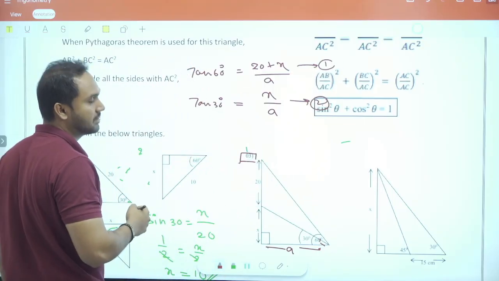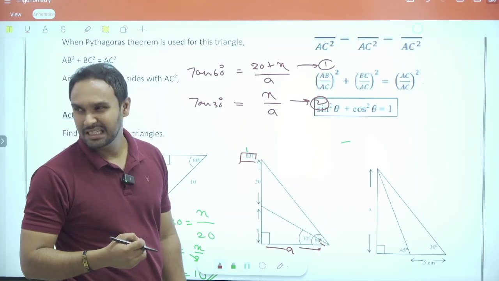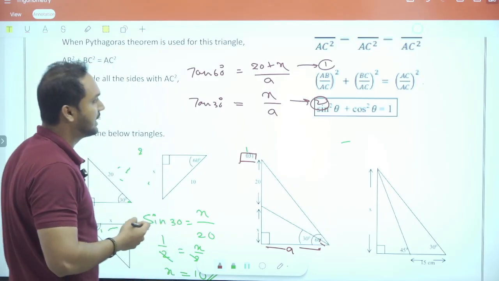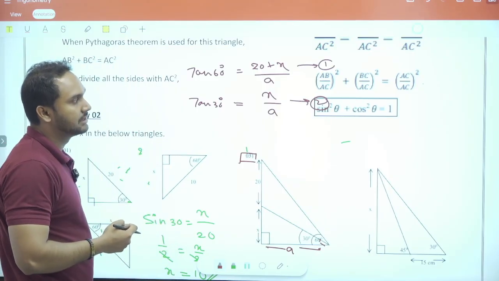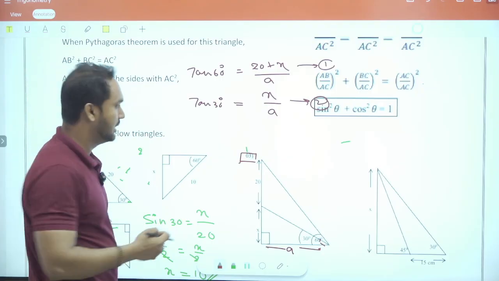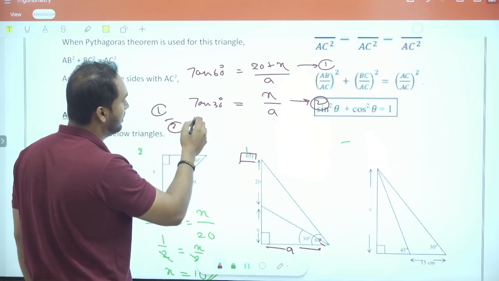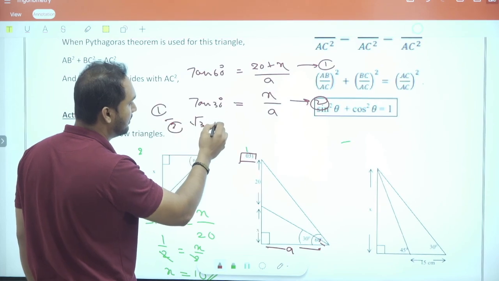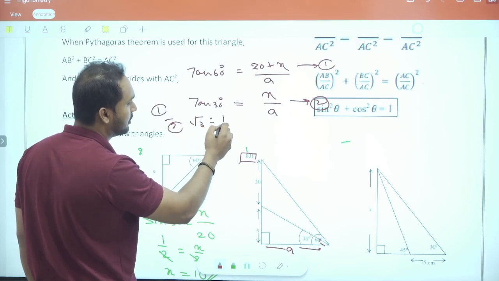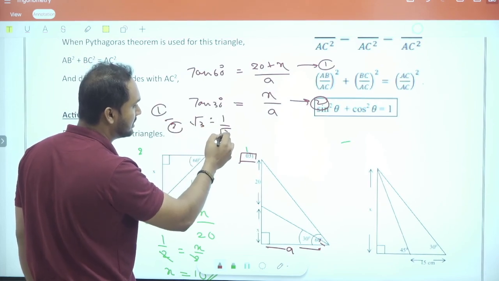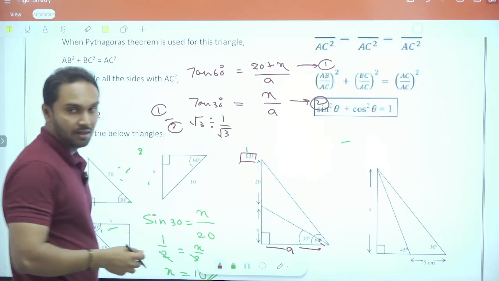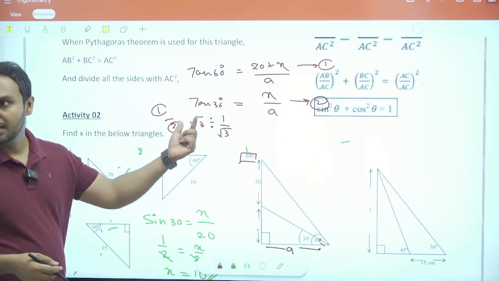So tan 60 is how much? Root 3. And tan 30 is 1 over root 3. So I'm going to write root 3 divided by 1 over root 3. I'm not going to simplify it the same way all the time.